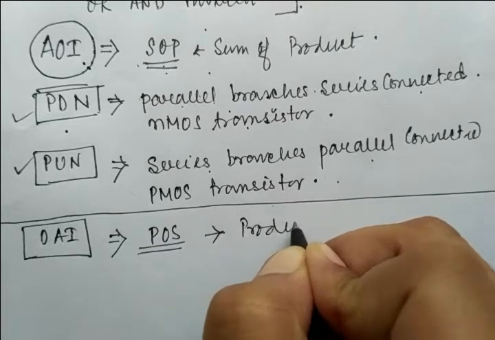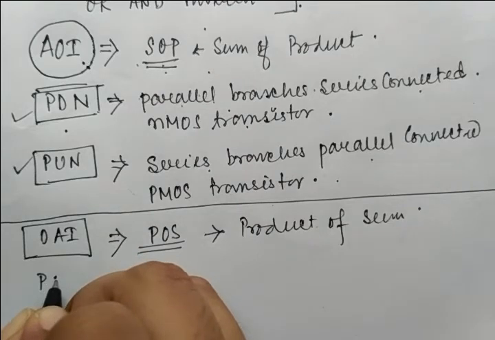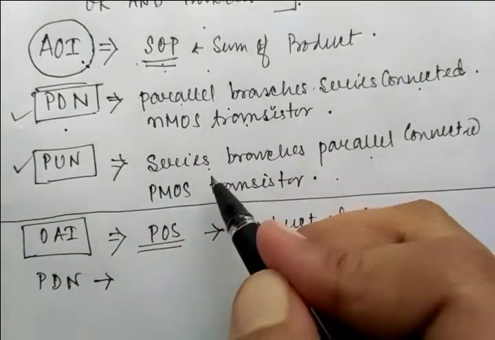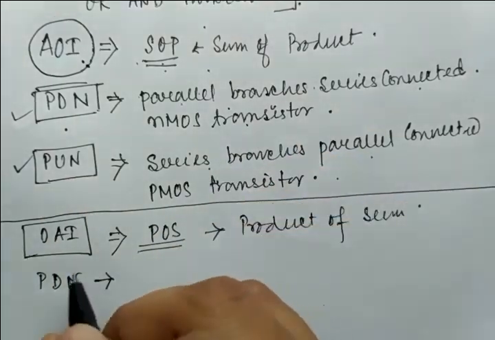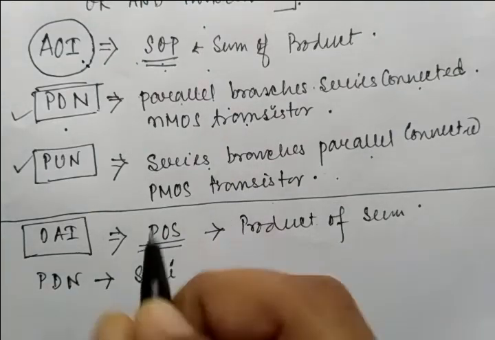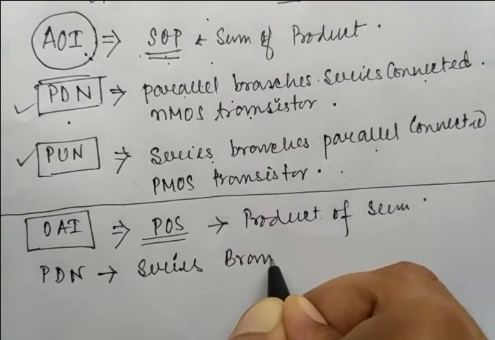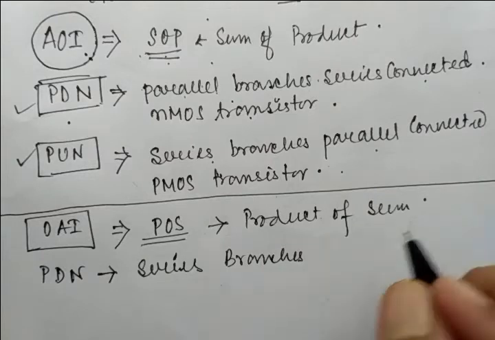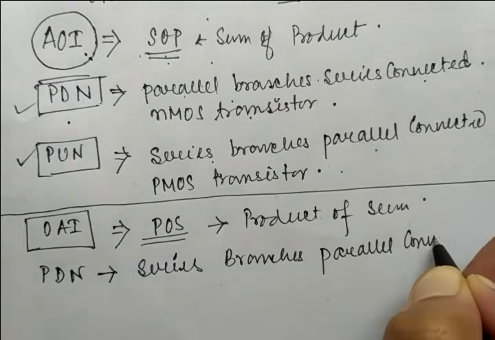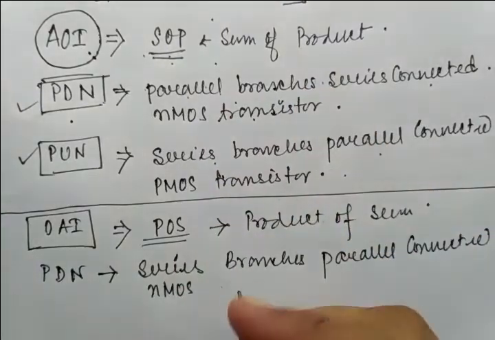So what is the realization of the pull-down network and pull-up network? The pull-down network will be just the opposite: series branches parallel connected NMOS transistors. Just totally opposite, not different.